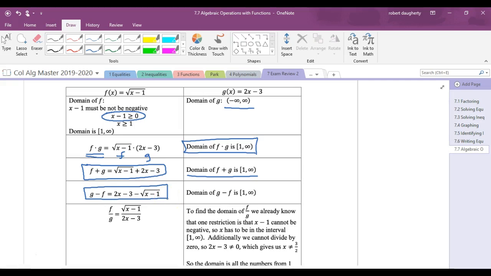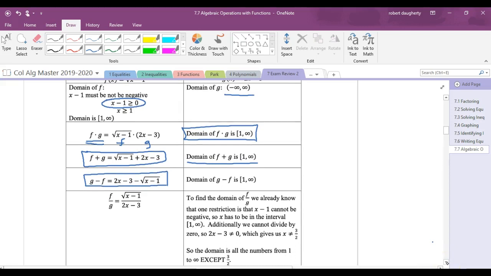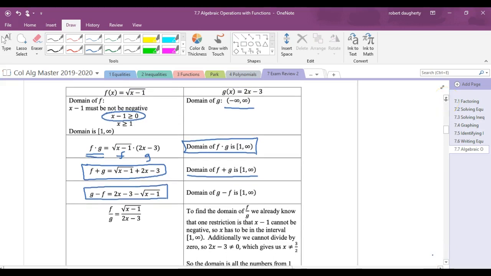Now the next one throws a little bit of a wrinkle in. When you have f divided by g, so you see f divided by g is here, but now I have another restriction. Remember, I can never divide by 0. So 2x minus 3 cannot be 0. That means that 2x cannot be 3, or x cannot be 3 halves, okay? So I was already used to the restriction of 1 to infinity.